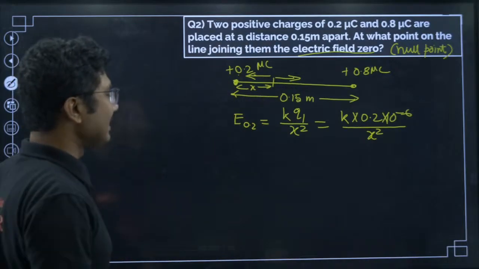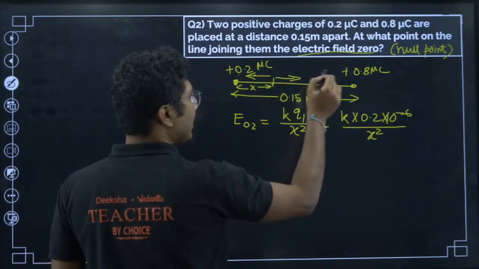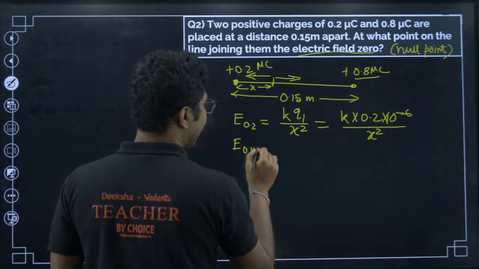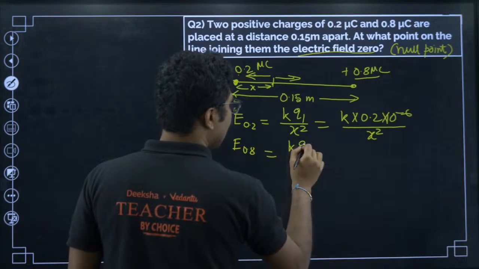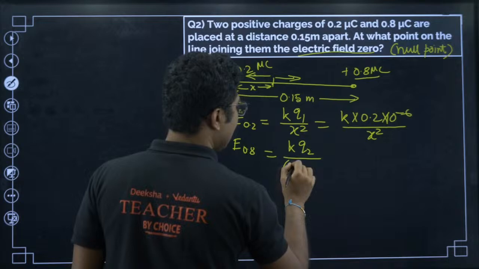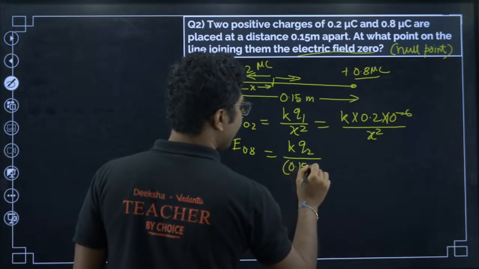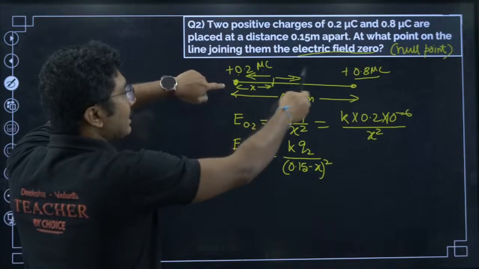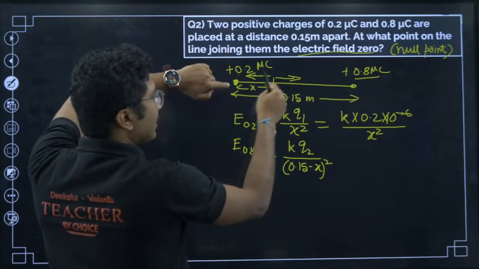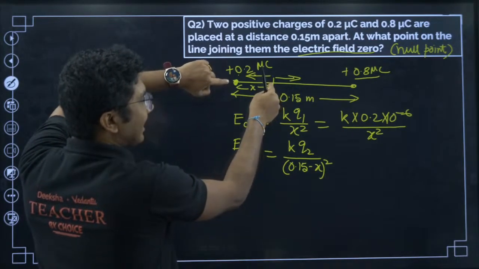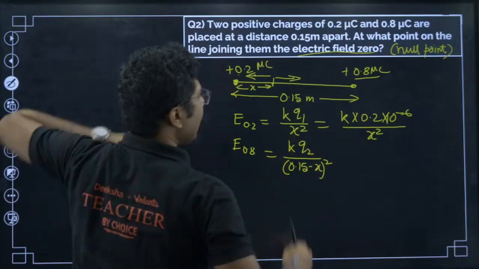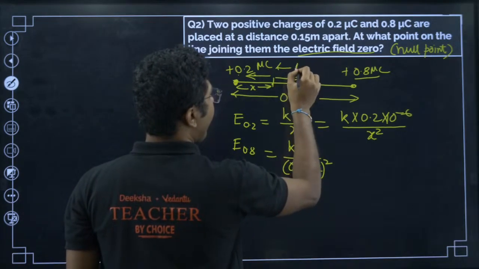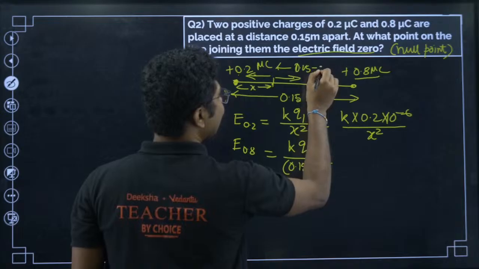Okay. Now what is the electric field at this point due to 0.8? Electric field due to 0.8 will be K Q2 by 0.15 minus x whole square. Why so? Because total distance is 0.15 meter, this much distance is x, so this distance will be 0.15 minus x, right?